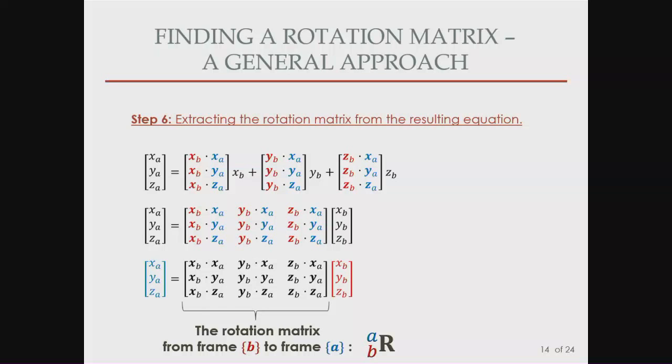If I multiply the vector V written in frame B by this matrix, I will get the same vector V, but represented in frame A. So the components of the same vector, here they are projections onto the axes of frame B, and here they are projected onto the axes of frame A.